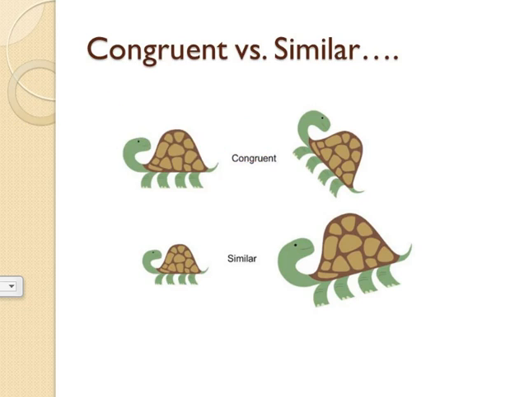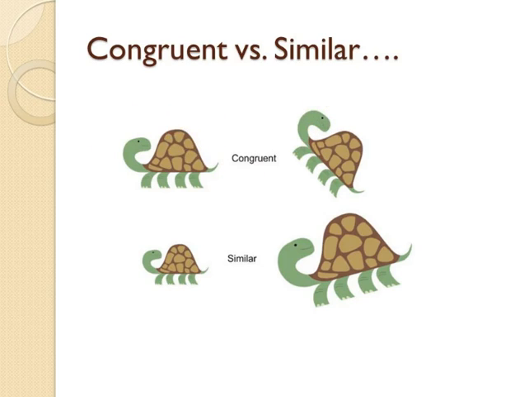So here's an example of two congruent shapes. We've got the same shape, they're both turtles, and they're both the same exact size. They can be oriented in different directions, but as long as they're the same shape and same size, then they're congruent.